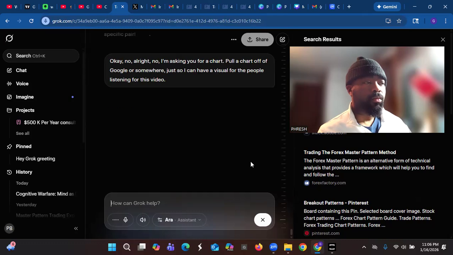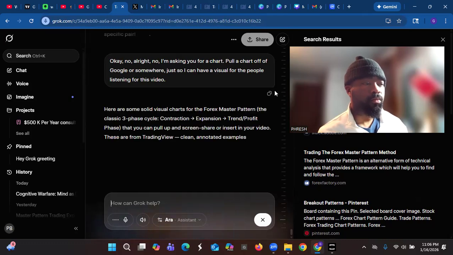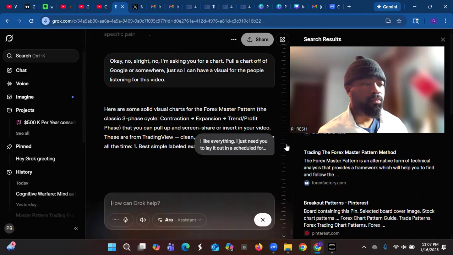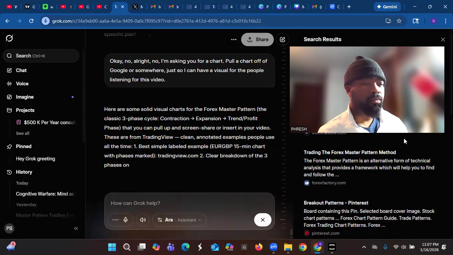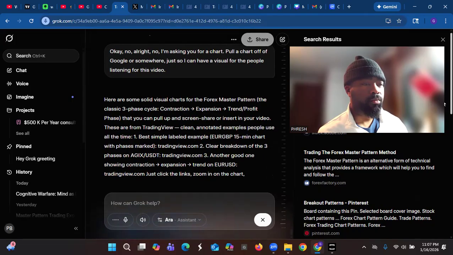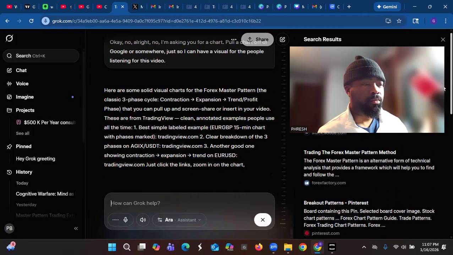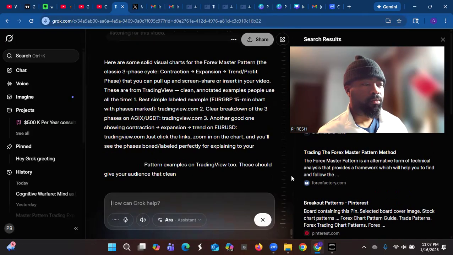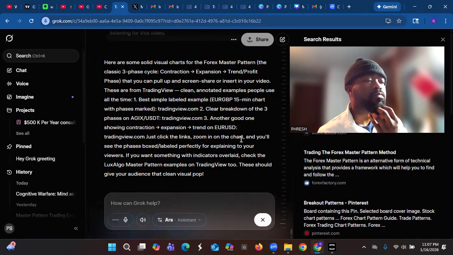Here are some solid visual charts for the Forex master pattern, the classic 3-phase cycle: contraction, expansion, trend profit phase, that you can pull up and screen share or insert in your video. These are from TradingView, clean, annotated examples people use all the time. Best simple labeled example: Euro GBP 15-minute chart with phases marked. Clear breakdown of the 3 phases on AGIX USDT.